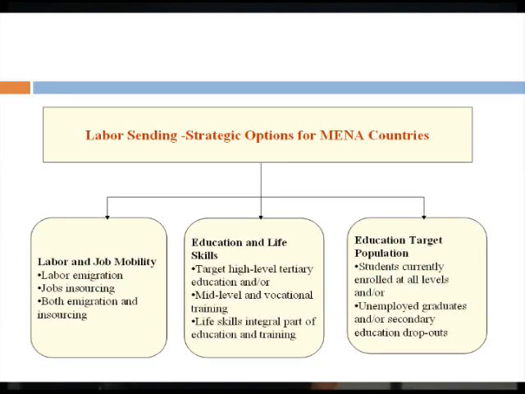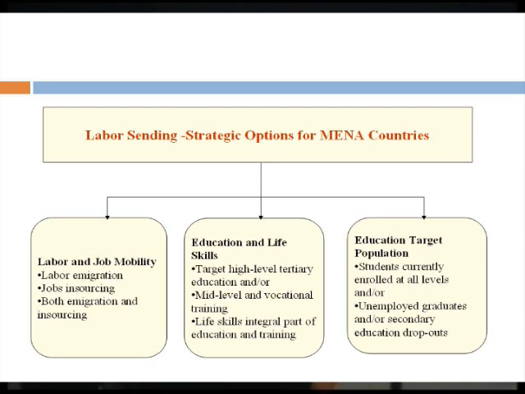Now, let's look with a little bit more detail at the labor sending strategic options. And this is for the MENA countries, immigration. Here I would like to make a comment very quickly: we use the words sending and receiving countries for the sake of simplicity in the exposé.